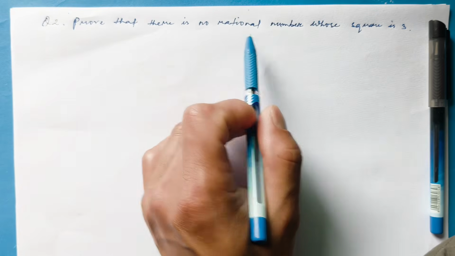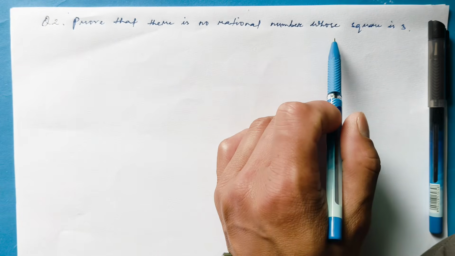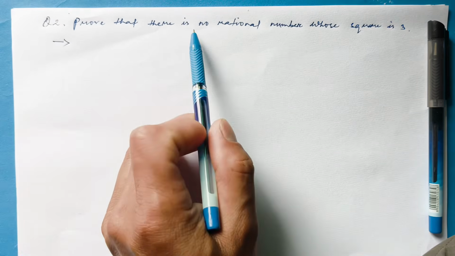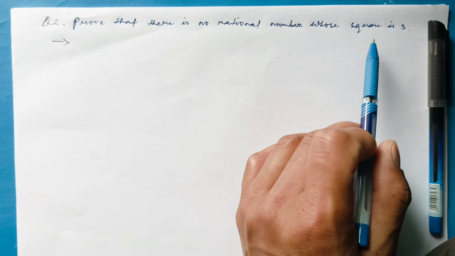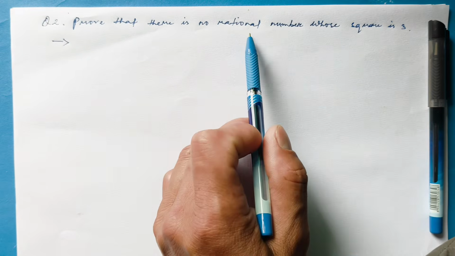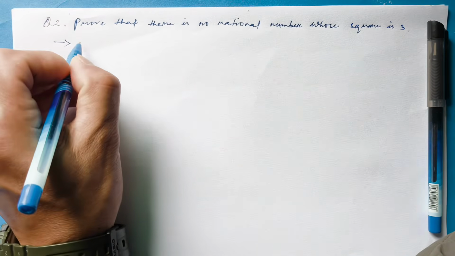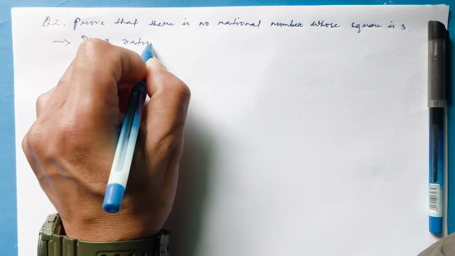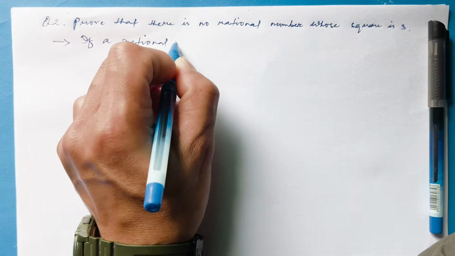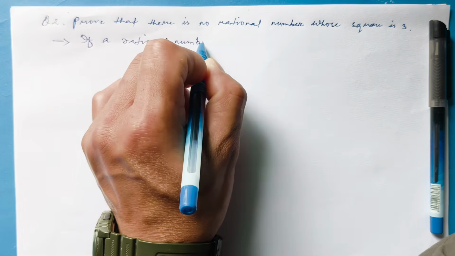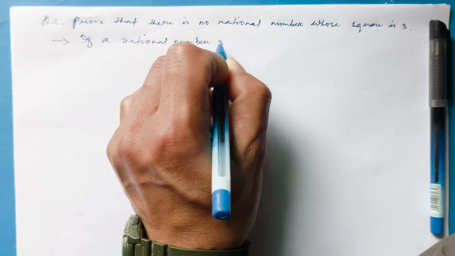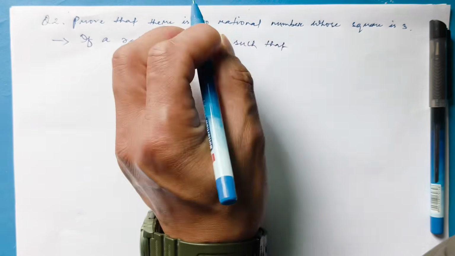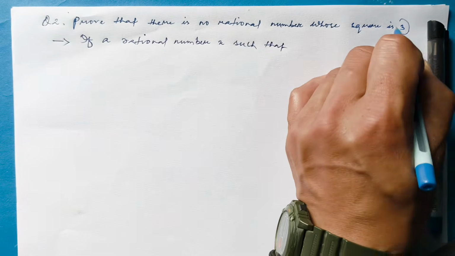Prove that there is no rational number whose square is 3. That means how to prove this? We are going to prove there is no rational number whose square is 3. Now let's assume there is a rational number whose square is 3. Let x be a rational number such that its square is 3.